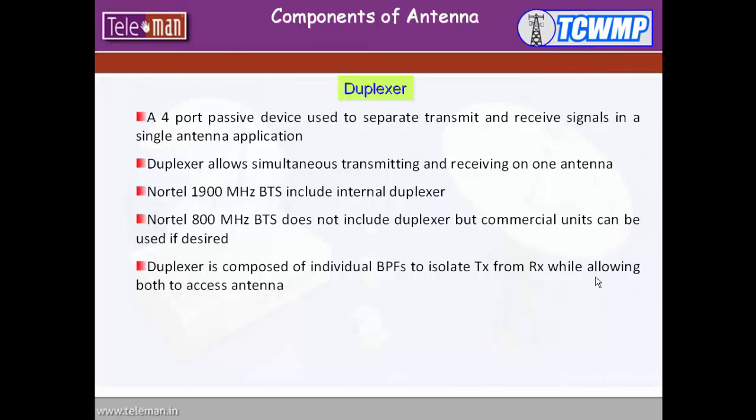For example, 1900 MHz BTS units include internal duplexers, whereas 800 MHz BTS units do not include a duplexer, but commercial units can be used if desired. A duplexer is composed of individual bandpass filters to isolate TX from RX frequencies, while allowing both to access the antenna.